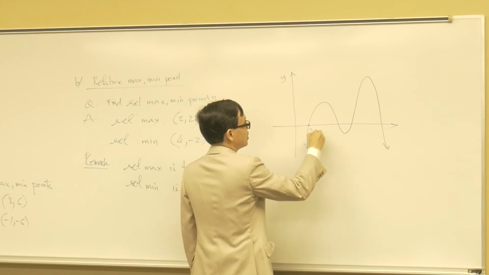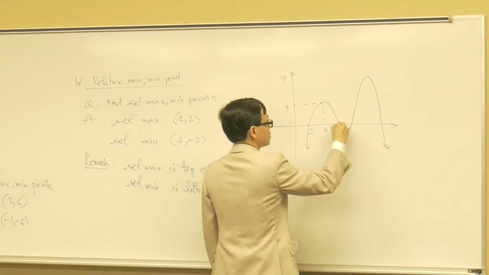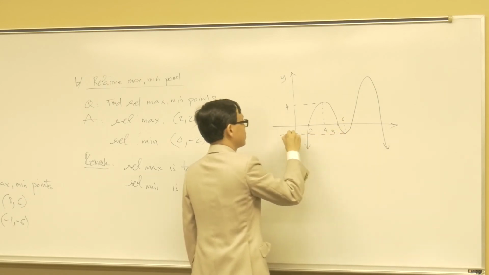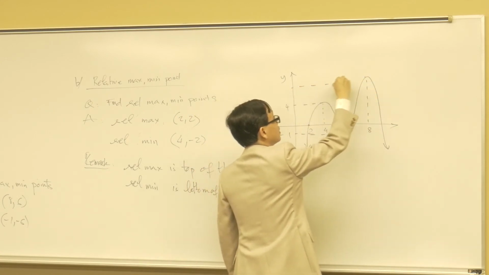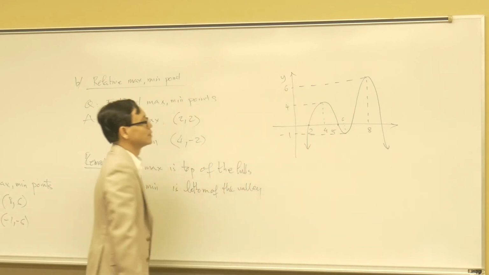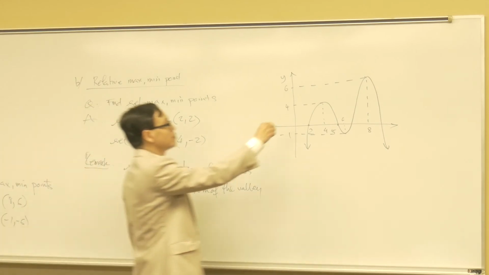This is 2, this is 4, this is 5, this is 6, this is 8, and this is 6. How many hills do we have here? We have 2 hills, right here and right here.